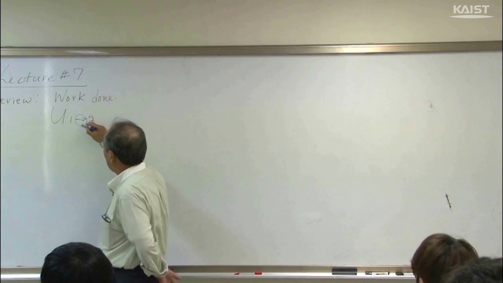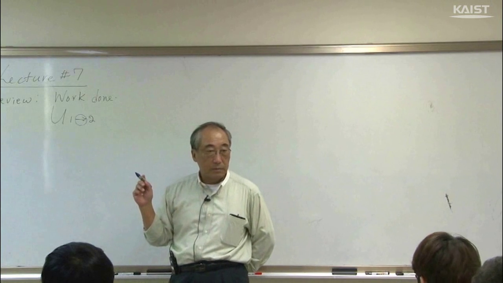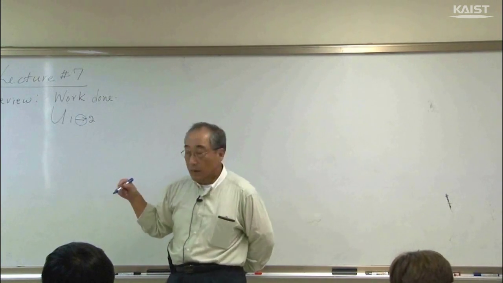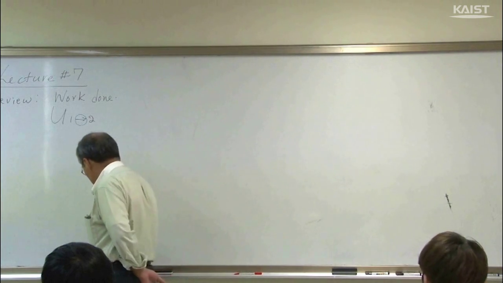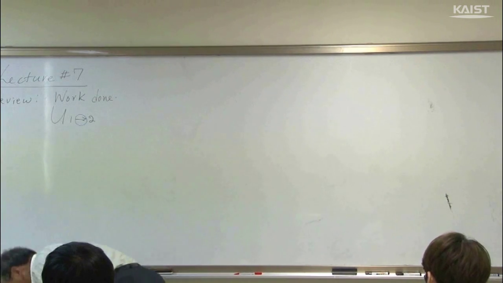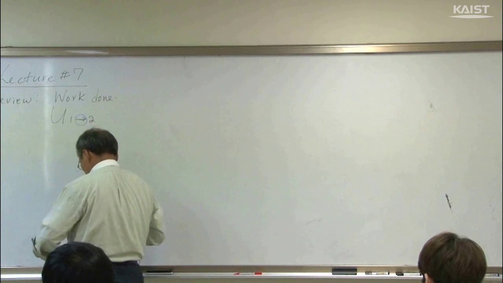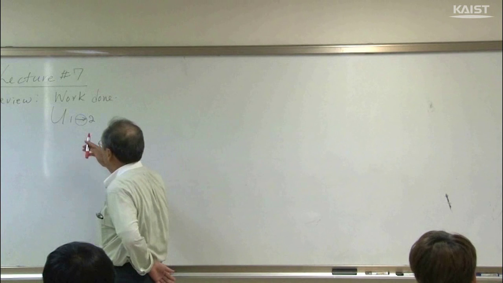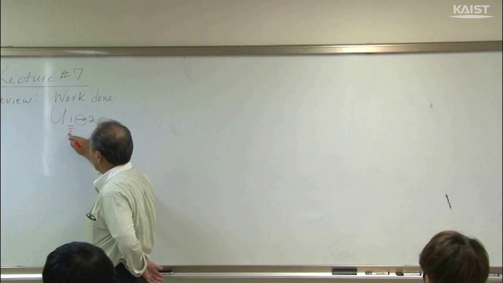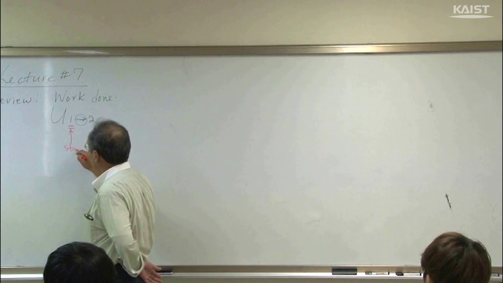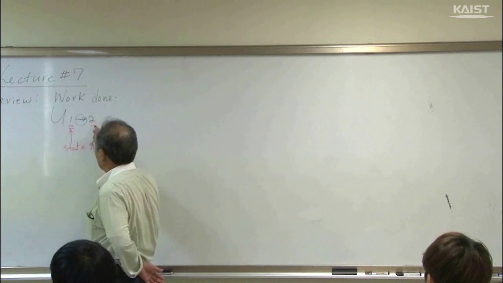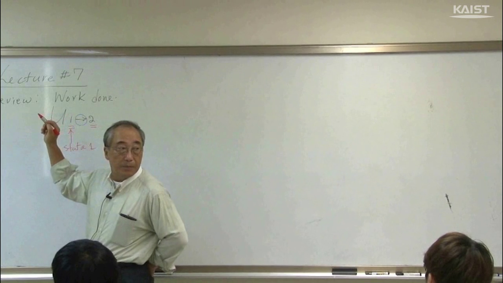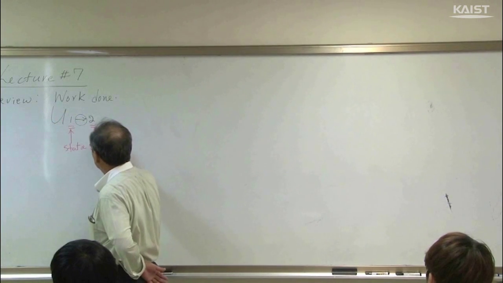What does the arrow mean? From 1 to 2, right? What does 1 mean? Okay, state 1. What does 2 mean? State 2, okay.